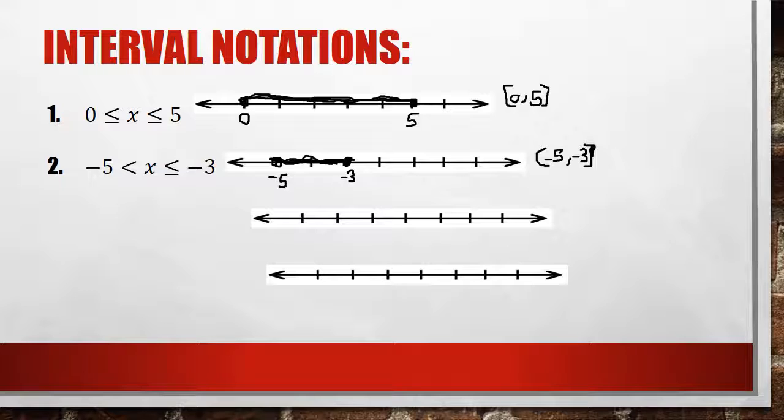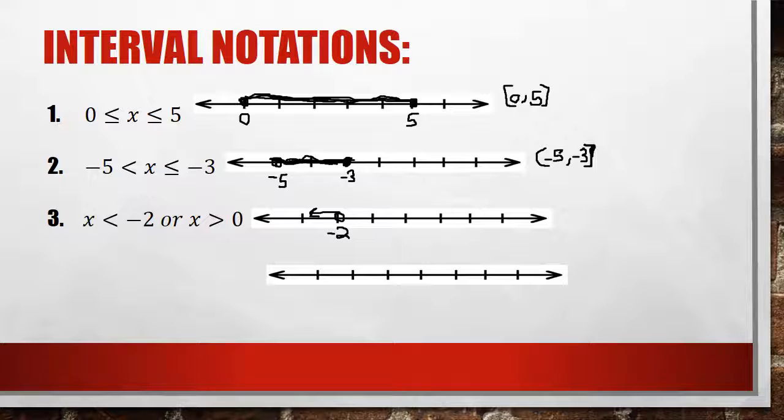My next example is x is less than negative 2 or x is greater than 0. So I have negative 2. I'm not including negative 2, that's an open circle. X is less than negative 2, that means all the numbers less than negative 2, to the left of the open circle.